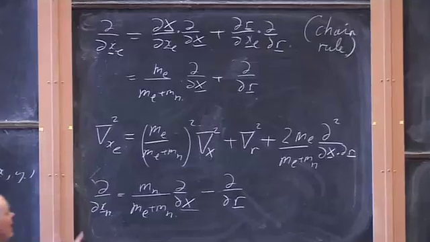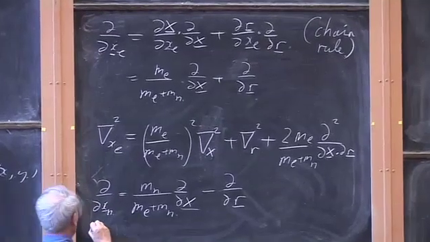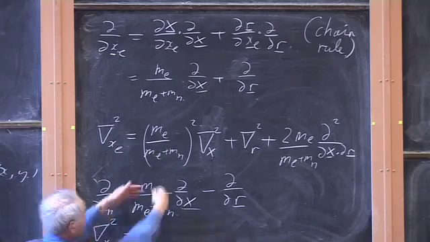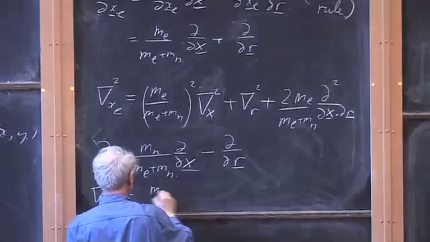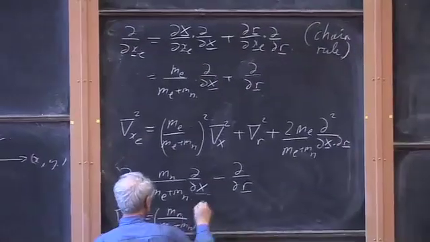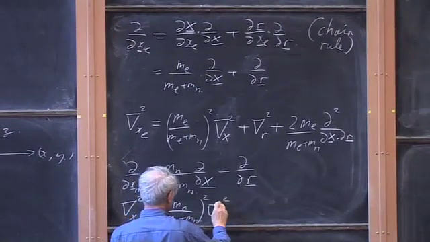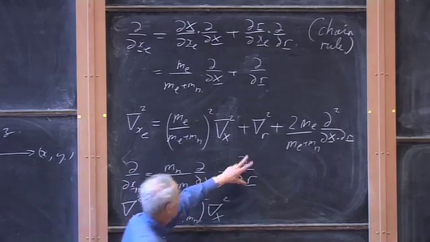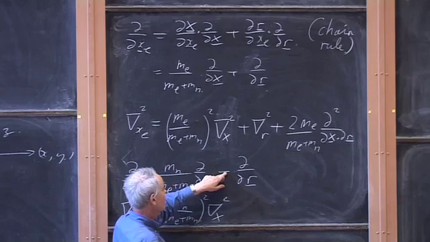And when we square this up to work out what del squared of xn is, we get this thing squared, of course, mn over me plus mn squared del squared, whoops, of big X. So that's this one squared. And then, of course, we get this one squared, and never mind the minus sign because we're squaring up.